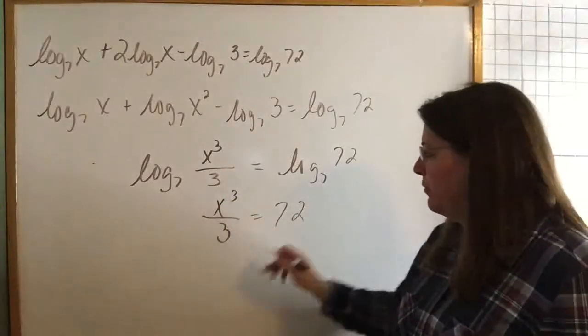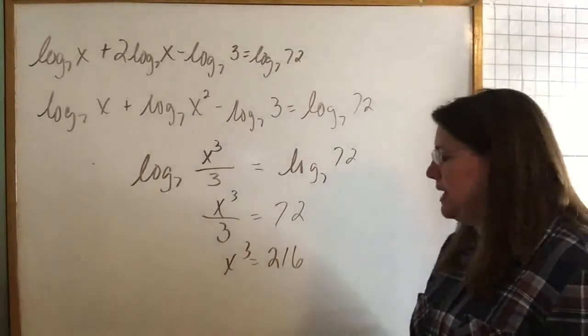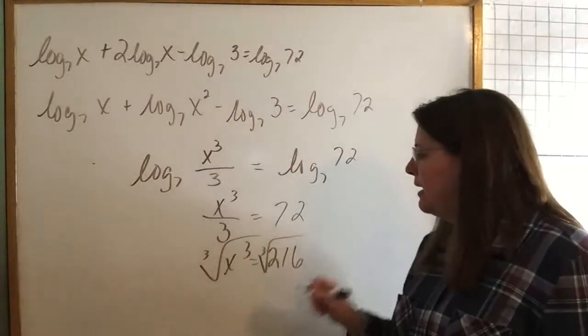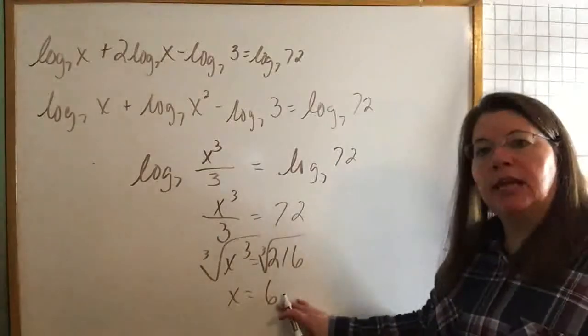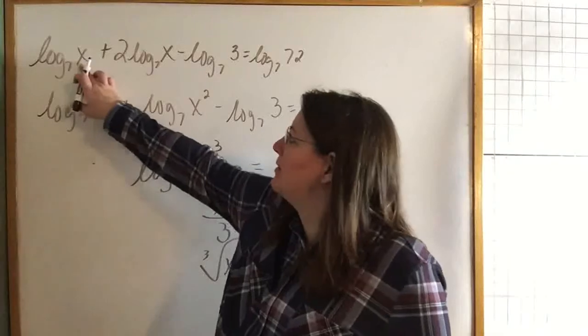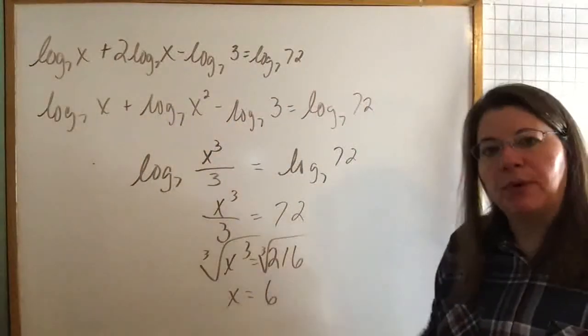If I multiply by 3, x cubed equals 216, and then I would take the cube root of both sides, leaving me with x equals 6. The next thing I do is plug the 6 in to make sure it doesn't make anything negative. If I plug 6 here, that's a positive 6, and those are already positive, so we don't have to throw anything out.